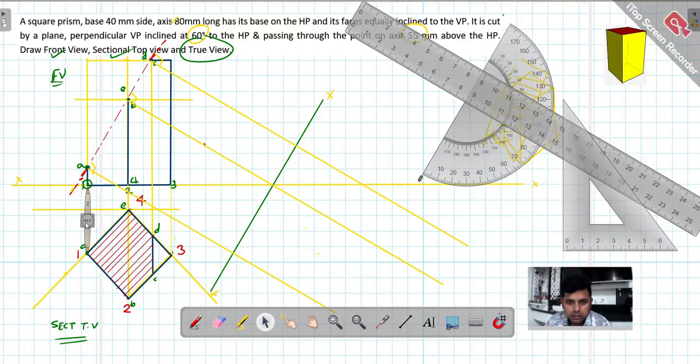Let's take the distance up to A. The distance up to A has come. Now this is what? See, this is X, X. This is also X, X. This point is nothing but this point, correct? So take the protractor, where is it?